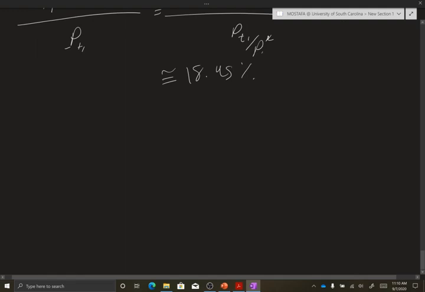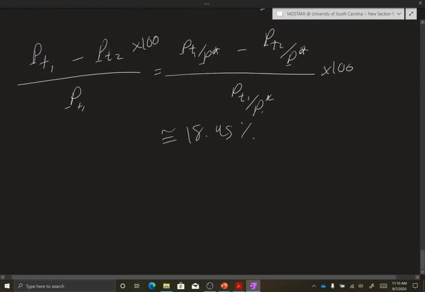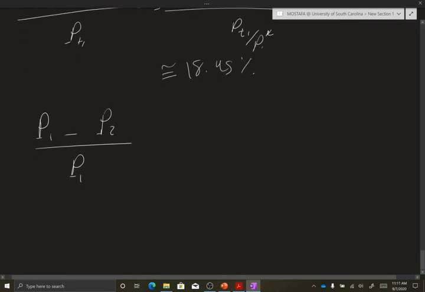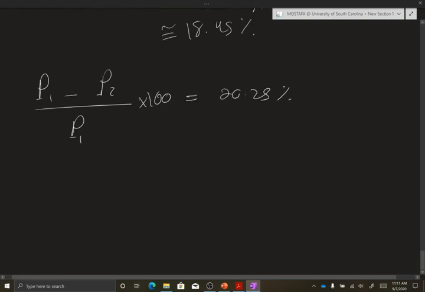The static pressure loss, or the static pressure drop, is essentially calculated the exact same way as this, except for static pressures. That's it. It's divided by P star, multiplied by 100, plug in the values, and you're going to get 20.25%, right?